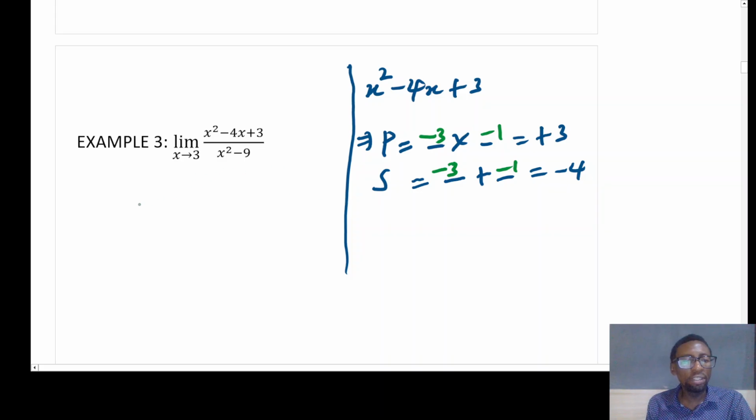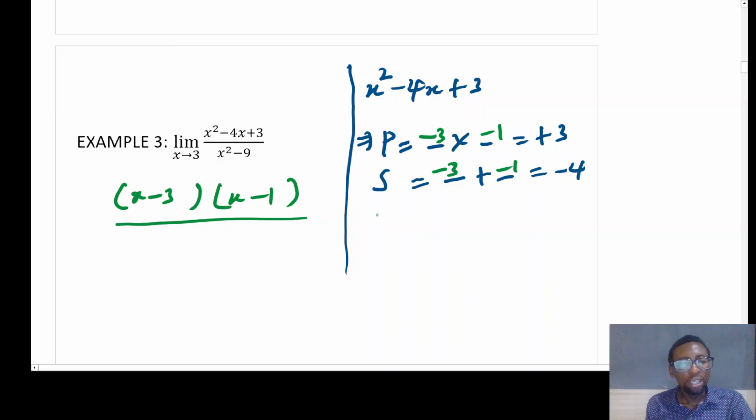So if I simplify this, I will have this expression: brackets over brackets. Now there is what is called the difference of two squares, but let me finish this one first. So x squared minus 4x plus 3 will give me x minus 3 times x minus 1.